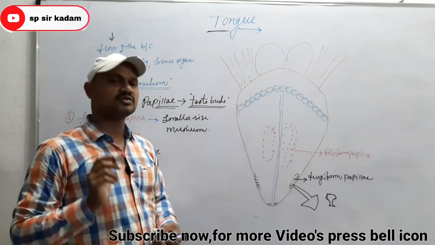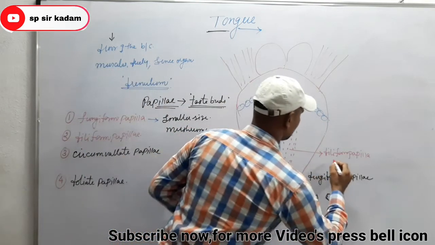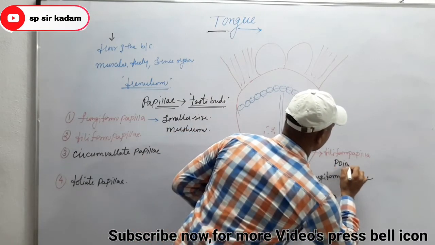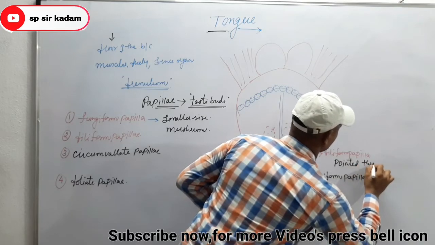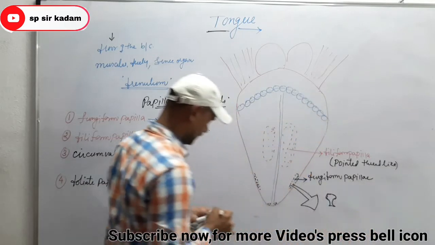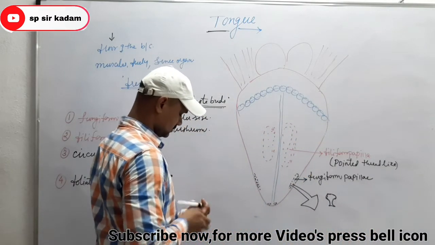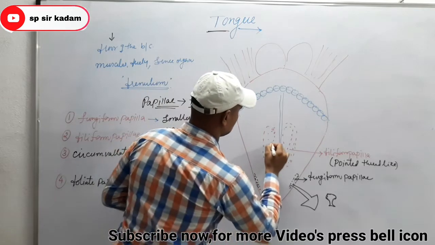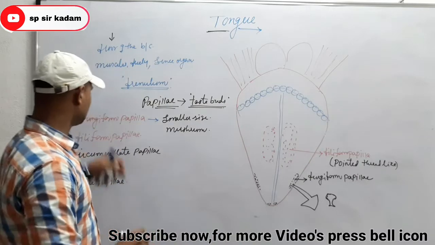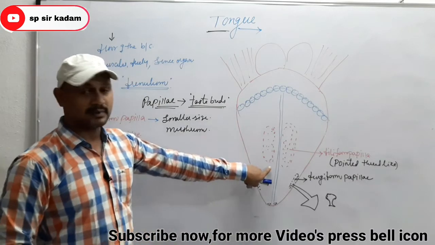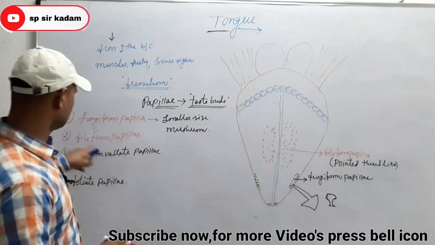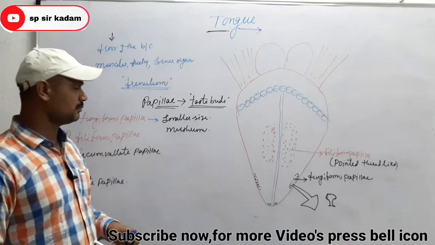When we look at their shape, they are pointed, like a thread. Compared with other papillae, filiform papillae are the maximum in number. That is the second type of papillae, the filiform papillae.